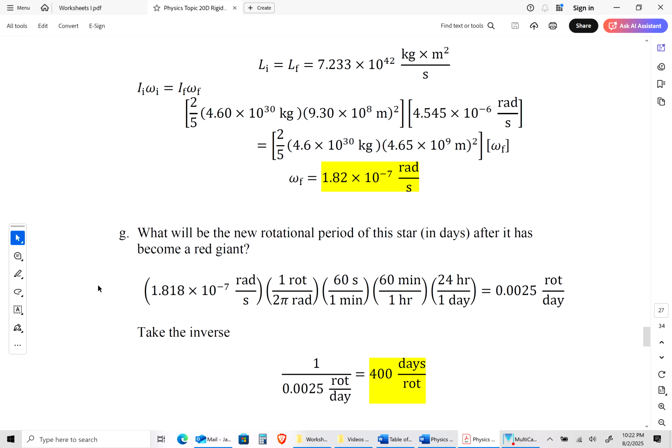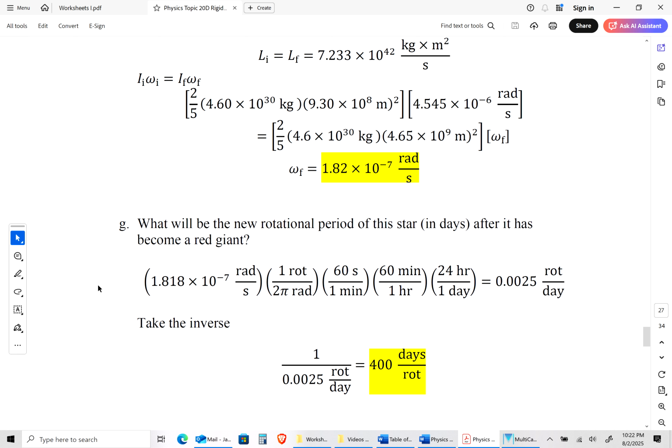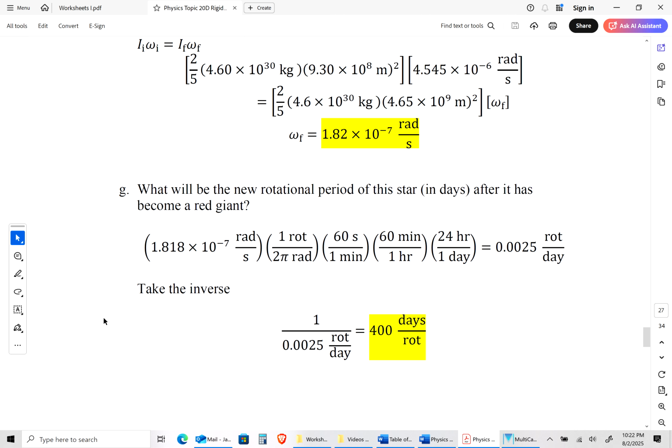Part G, what will be the new rotational period of the star in days after it has become a red giant? So period has units of time, so you need to make sure time is in the numerator. So the answer is 400 days per rotation.